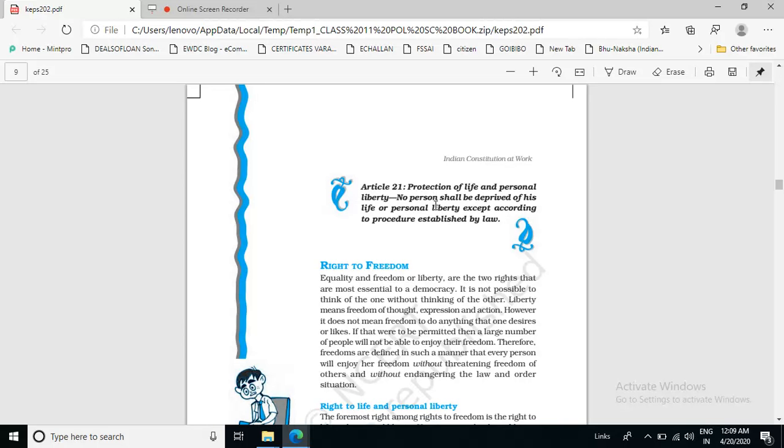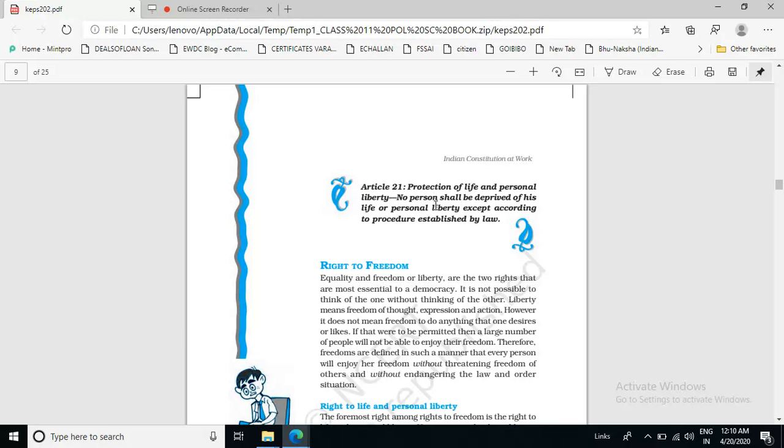Suppose everyone is free, but every person will not be able to enjoy his or her freedom, because in that case the persons who are more powerful will be in a condition to enjoy the freedom, and the persons who are less powerful will not be able to enjoy the freedom. So it is very important that freedom should be there with equality.